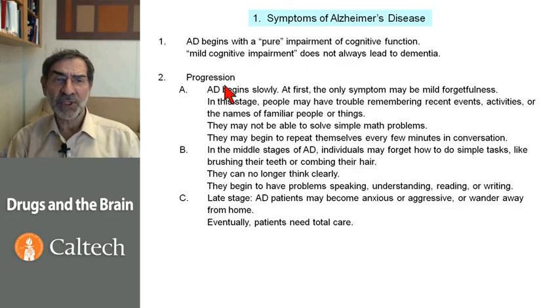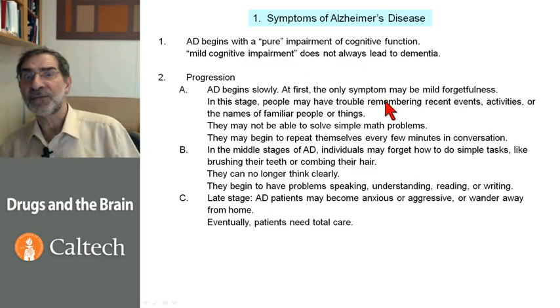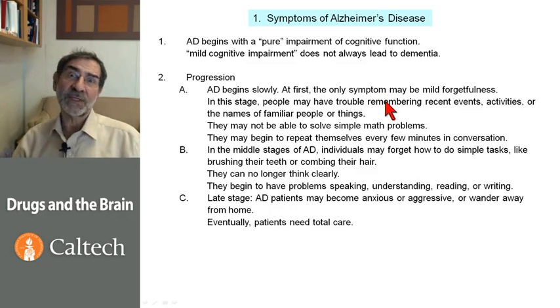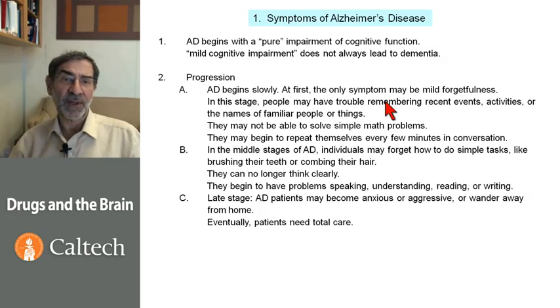The progression of Alzheimer's follows several stages. The first symptom may be mild forgetfulness, and in this stage people have trouble remembering recent events or activities or the names of familiar people or things, and are unable to solve simple math problems. And they may begin, like a professor, to repeat themselves every few minutes in conversation.